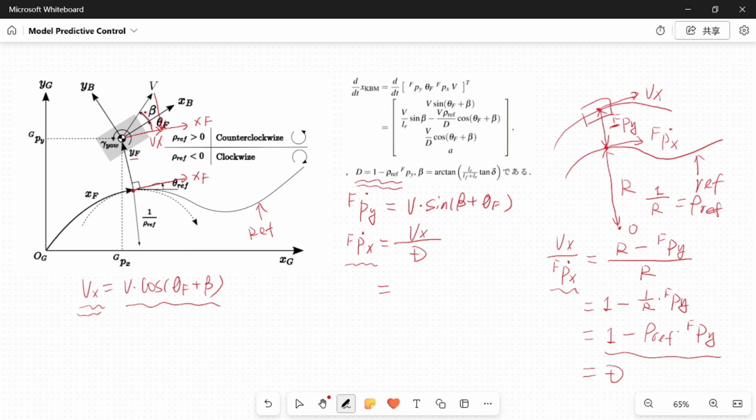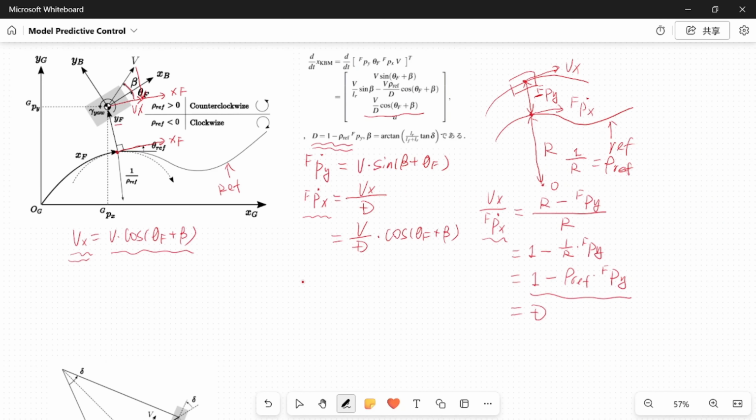So the FPX dot finally equals V over D times cosine of (theta F plus beta). The same as the equation in the paper.